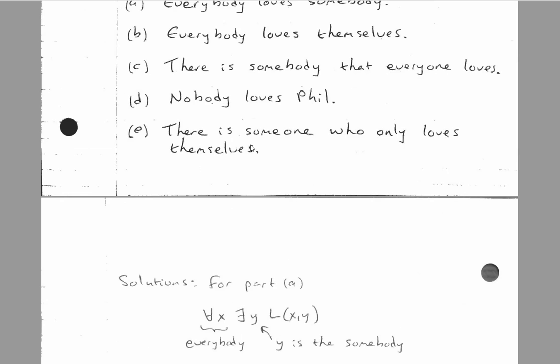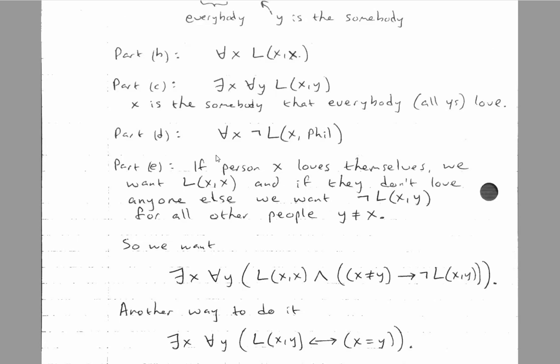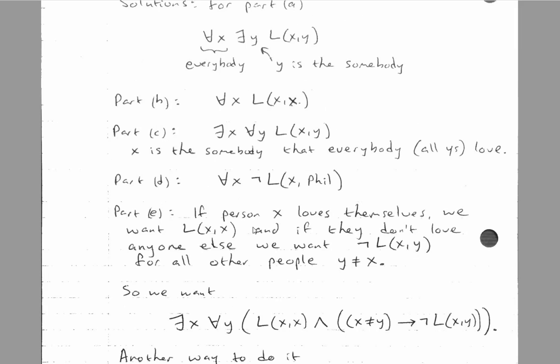And what was that last one? There is someone who only loves themselves. Okay, so there is someone, so there exists an x. And what do we want? We want them to love themselves, so Lx comma x. But we don't want them to love anybody else.